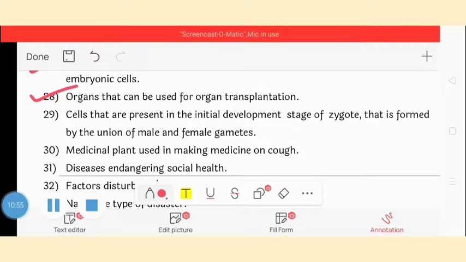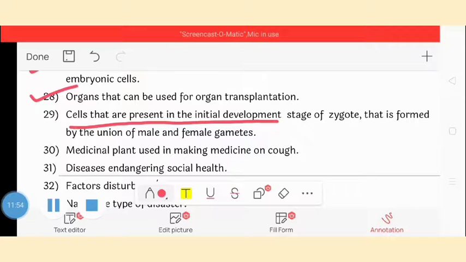29th question: Cells that are present in the initial development stage of the zygote, which is formed by the union of male and female gametes. The zygote is the first cell after fertilization, and embryonic stem cells are present at the initial stage of development.